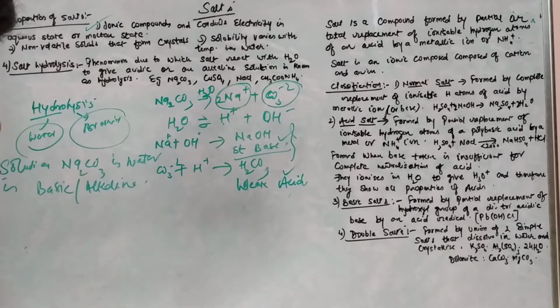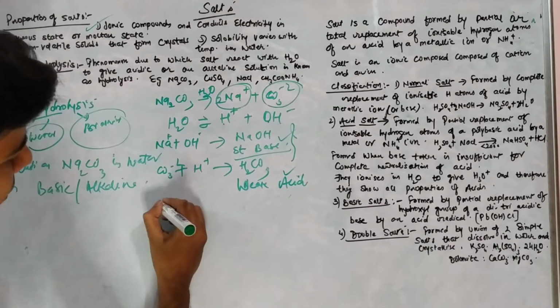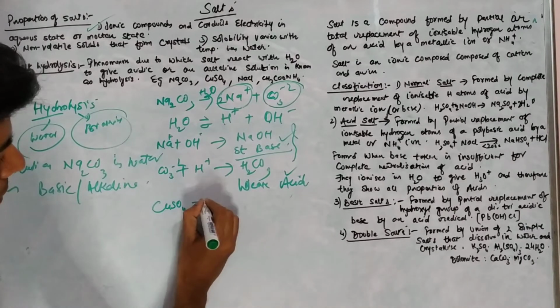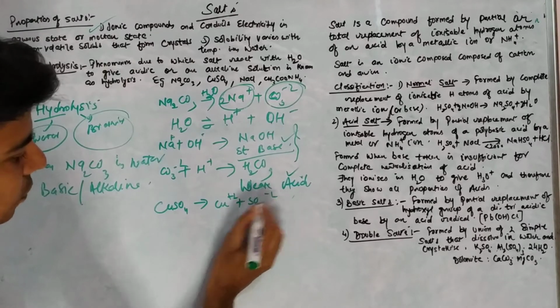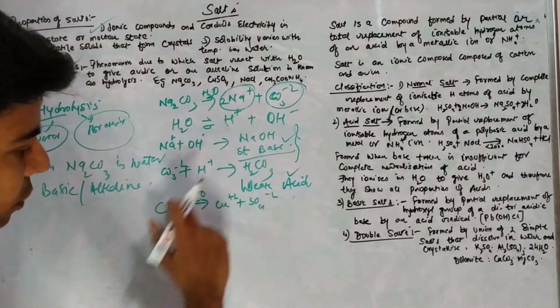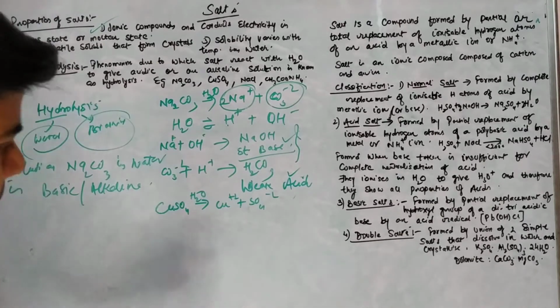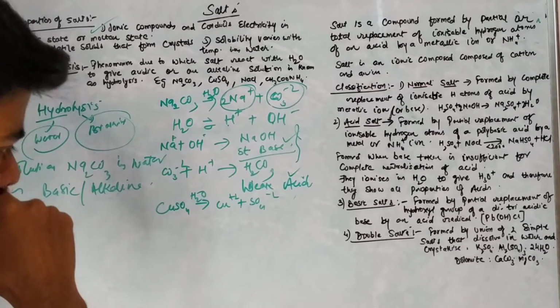Similarly, if we take some other salt, let's take the example of copper sulfate, CuSO4. When you put it in water, it will dissociate and form copper ions and sulfate ions.